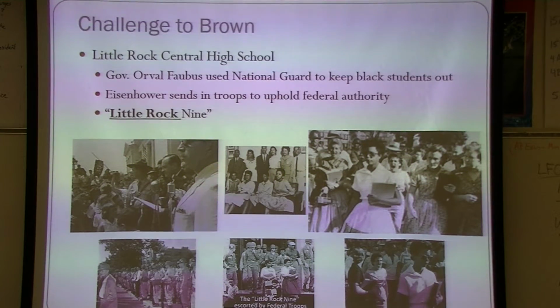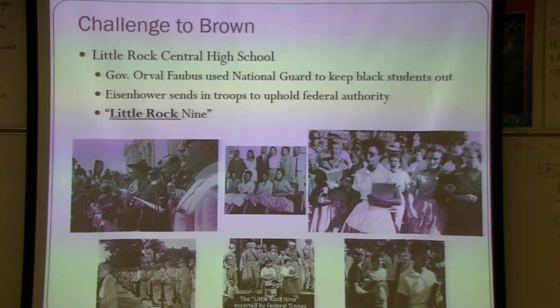Being the commander-in-chief, he took command of the National Guard and ordered them to uphold the federal authority, which was to then protect the black students as the school was integrated. The 9 students that came in were known as the Little Rock 9, as they were the first ones, and the National Guard had to stay there for a bit of time to protect them.